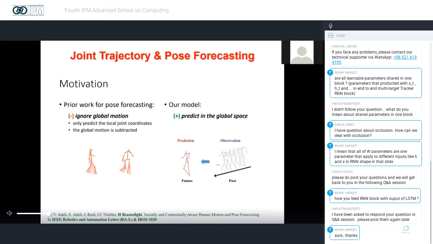When a person is running, they just try to predict the running behavior without modeling the displacement. It is very important to model these two problems jointly, again for navigation purposes, because we want to know what a person does and where they go in the future together.